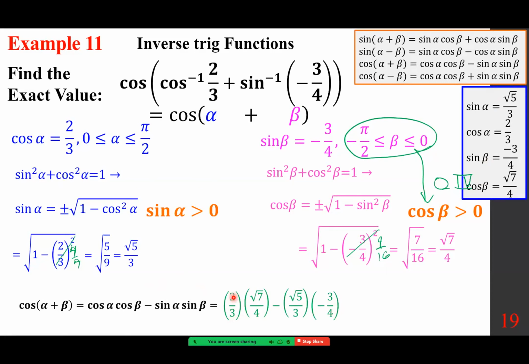So the denominator is 12. This is 2 square root of 7. This is plus 3 square root of 5. But the denominator is the same, which is 12, everybody. That doesn't change. Now, this is the exact answer, and you can keep it like that.